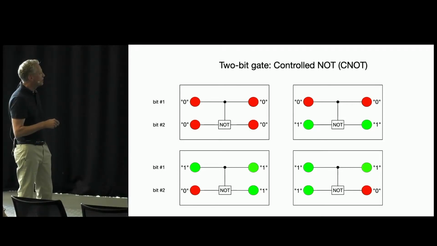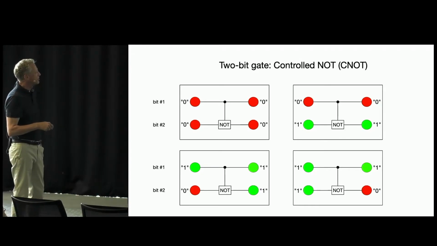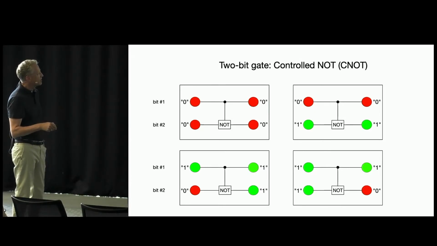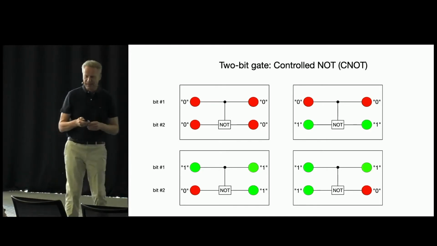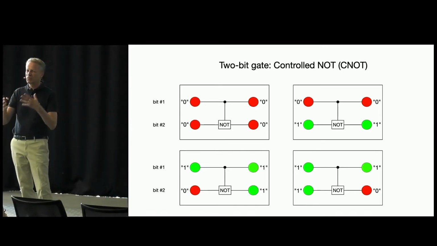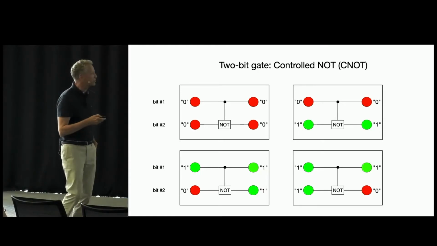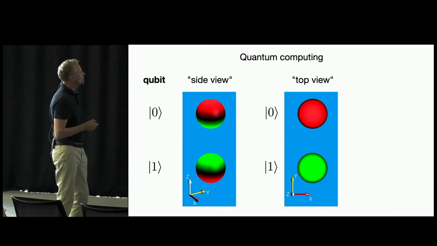So if it's red, stop, nothing happens here, but if this is 1, if it's green, then this NOT operation works. So here nothing happens, green stays green, whereas here red switches to green and green to red. And of course you all know that, and I don't assume that I teach you anything new, but I just want to give you the kind of reasoning one can give to even lay people or people who are not really experts in quantum computing.